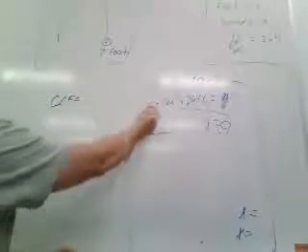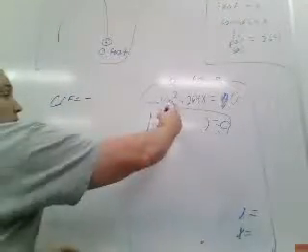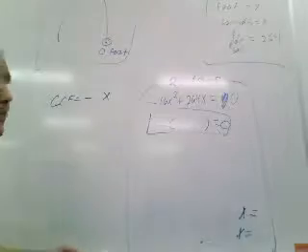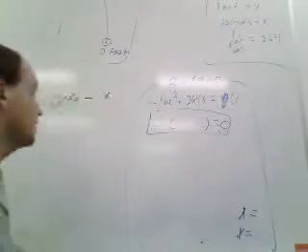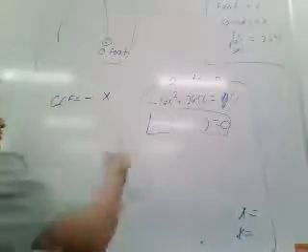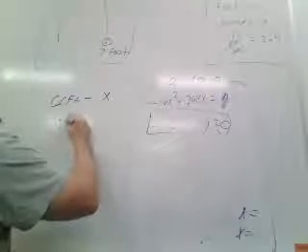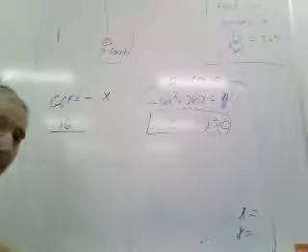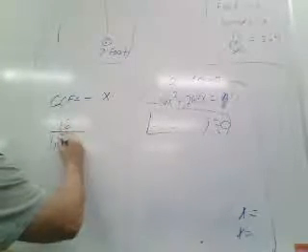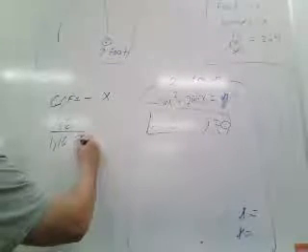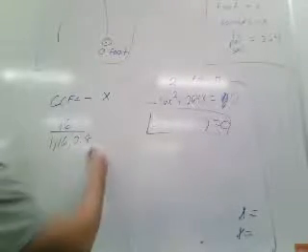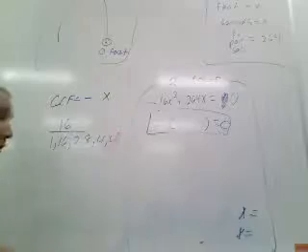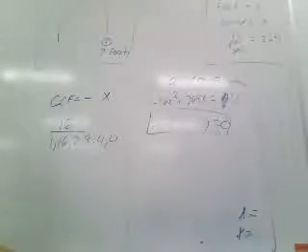GCF, you have a negative in front, you have x on both, okay? And then we got 16 and 264, so let's take 16, okay? So 1 and 16, 2 and 8, 3 is a decimal, and then we got double 4. So as soon as I got double factors, that's the end of the list, okay?